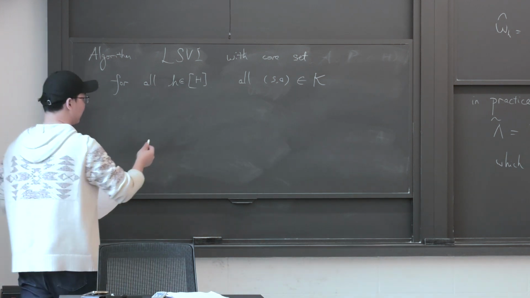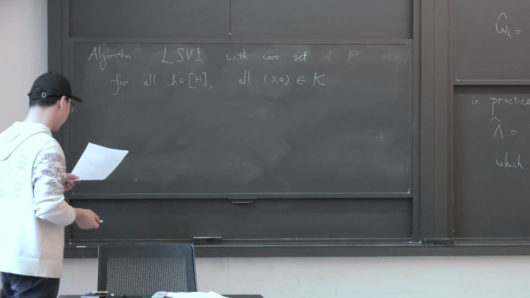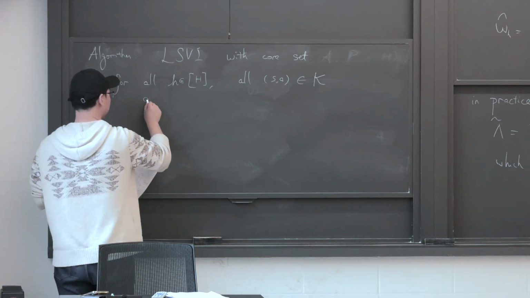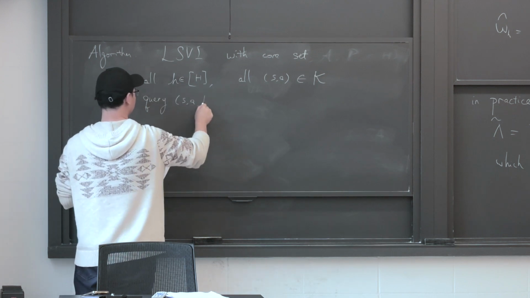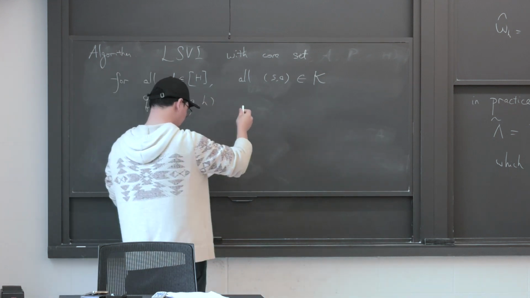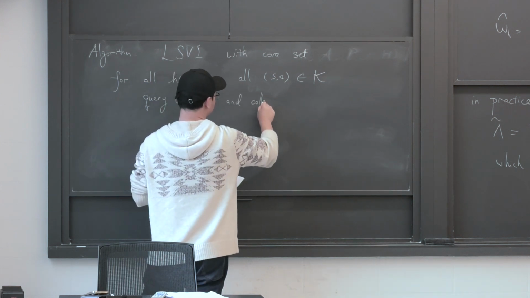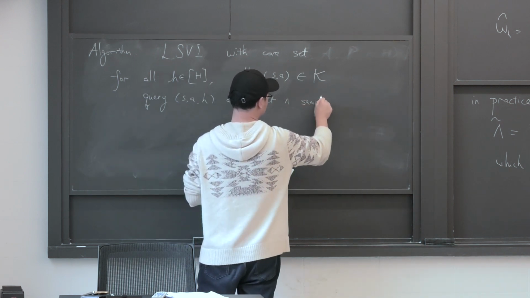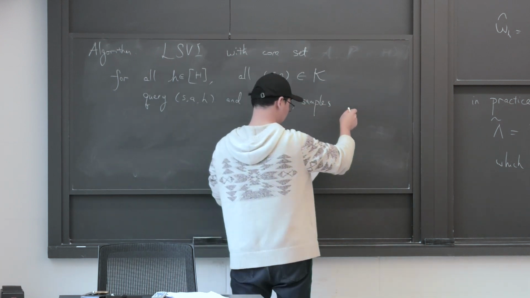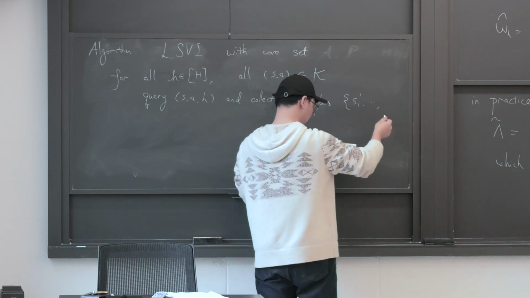Now because it's infeasible to query all the state action pairs, we only query the state action pairs in the core set. So what we're going to do is we're going to query s, a, h and collect n samples, S1 prime till Sn prime.